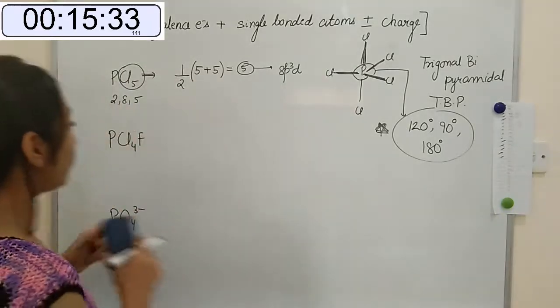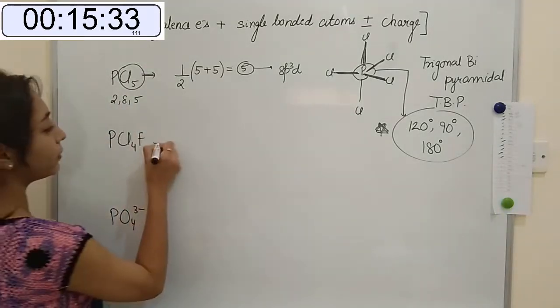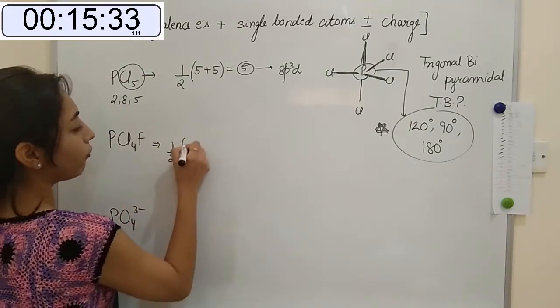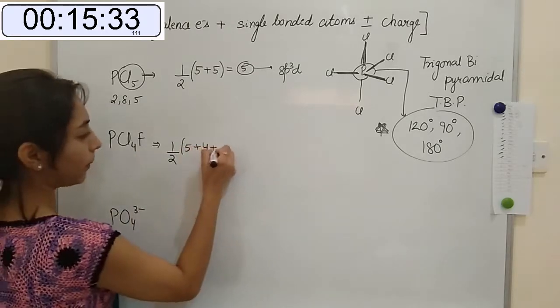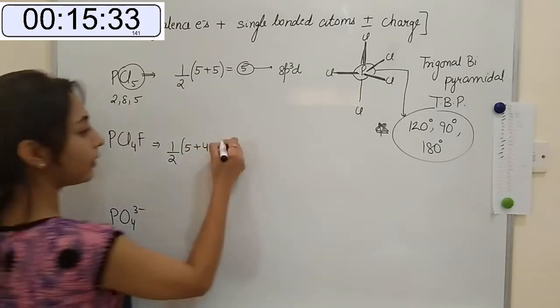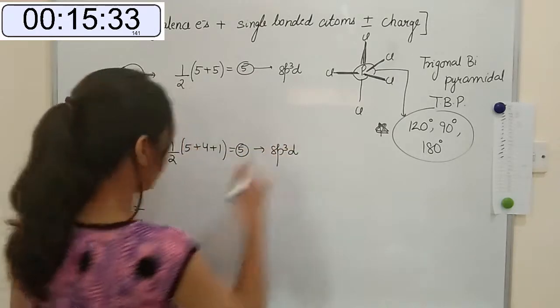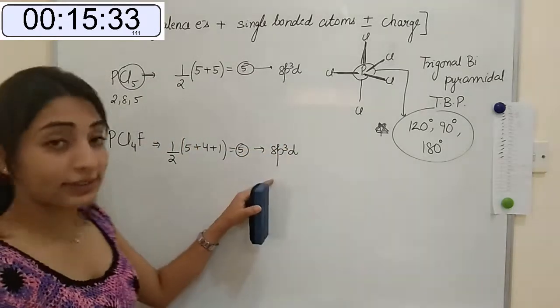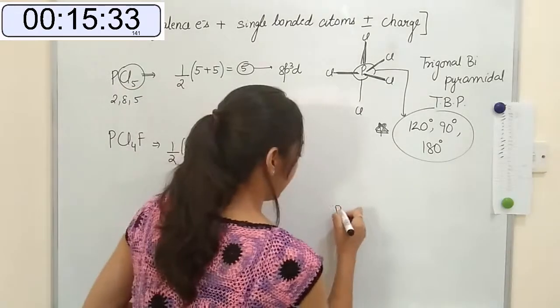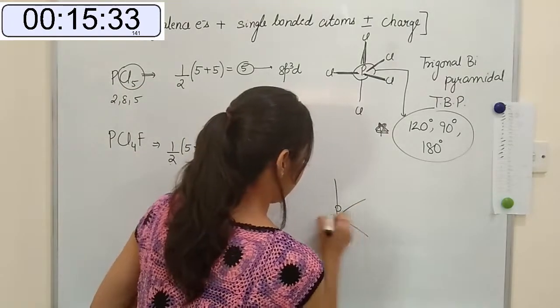Done. Moving further to PCl4F. So we have half of 5 plus 4 plus 1, so 5 atoms are there. Again it is 5, and 5 means it should be sp3d. It should be P this.